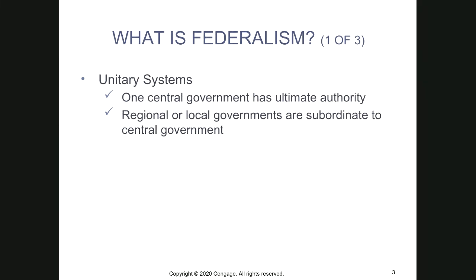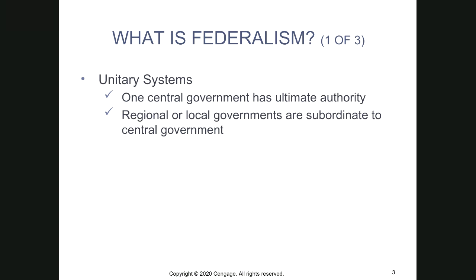So let's start with the first option of government, which would be a unitary system of government. In a unitary system of government, one central government has ultimate authority. So think any sort of authoritarian regime. Think North Korea, think China. In any one of those systems, the central government has the ultimate authority.